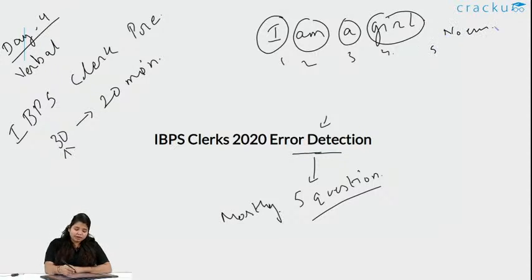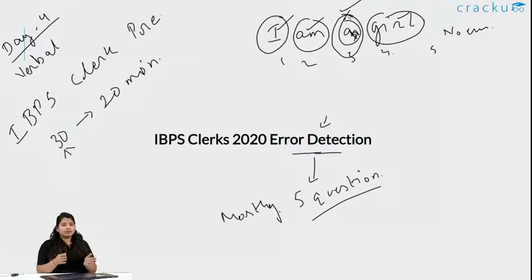Sometimes you have to find the error in any of the parts, like "I am an girl", no, it's wrong, this is a part with error. And in the other type, this part is with error, with error, with error, and this is without error. So we need to find the correct part. In this session we will be doing both types.